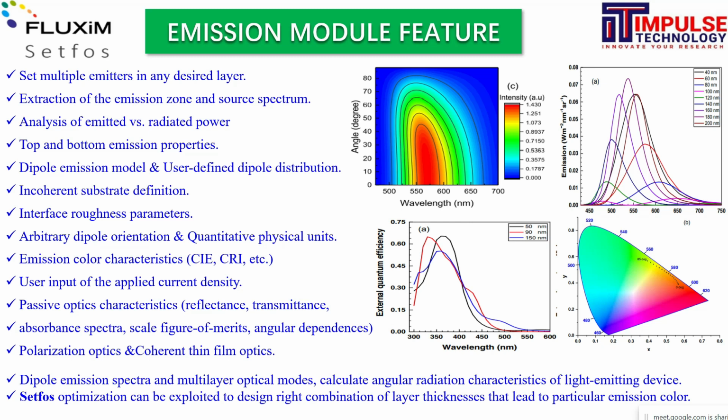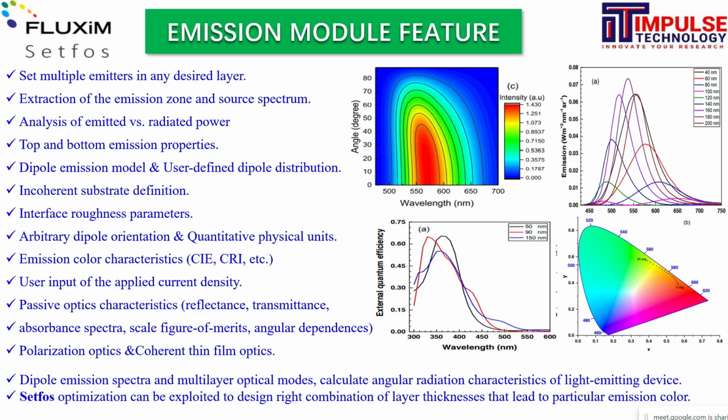Now we have the emission module for LED devices, specifically organic LED, where you can set multiple emitter layers, like 2, 3 or 4 emission layers.